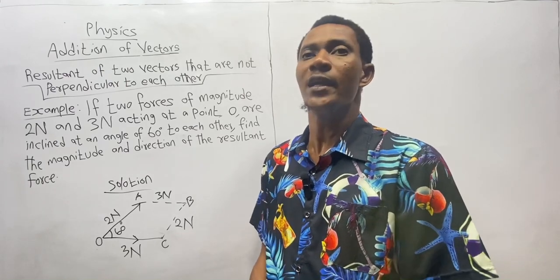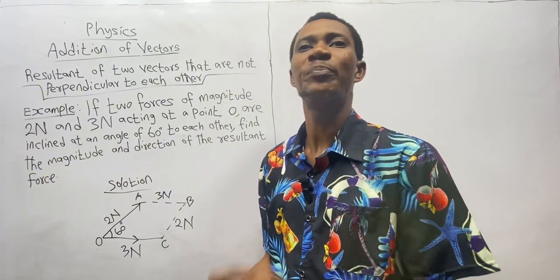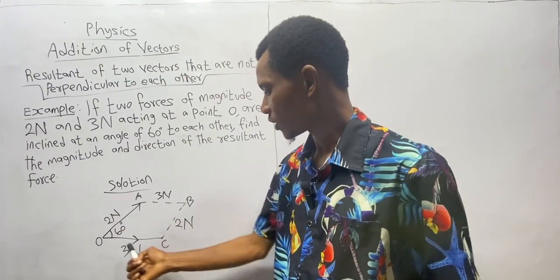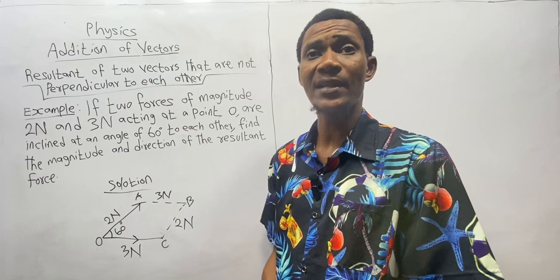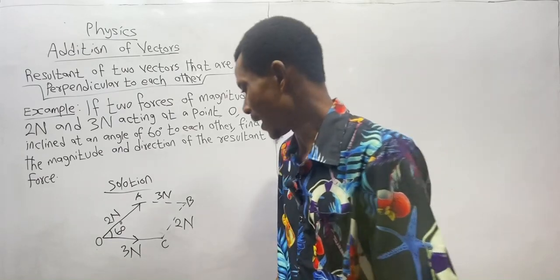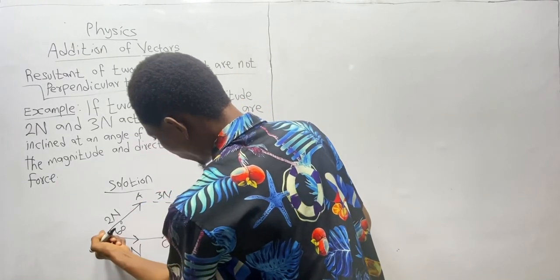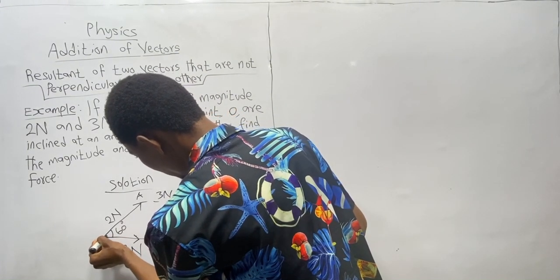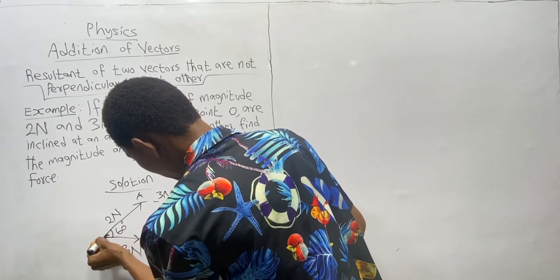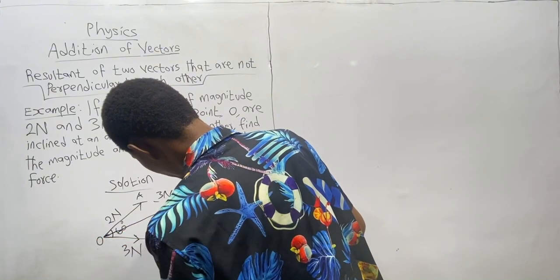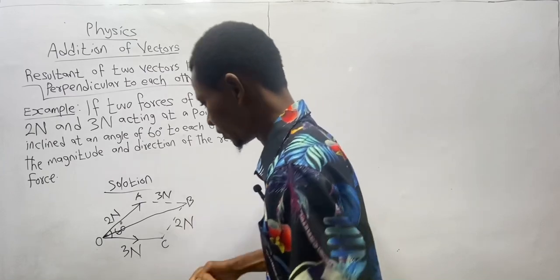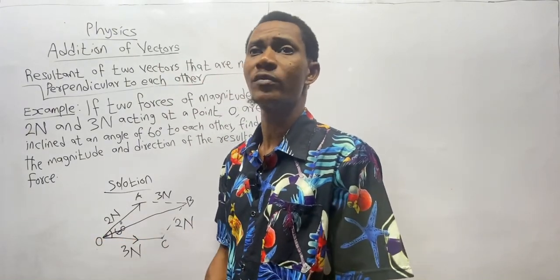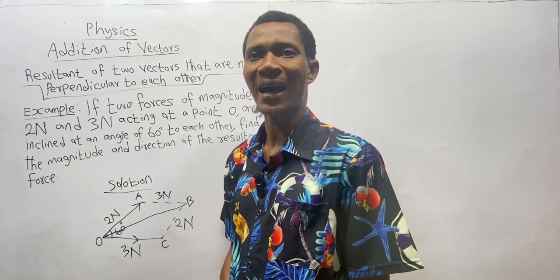We say that if two vectors are represented in magnitude and direction by the adjacent sides of a parallelogram, the diagonal drawn from the point of intersection of the two vectors, this is the diagonal, represents the resultant vector in magnitude and direction.